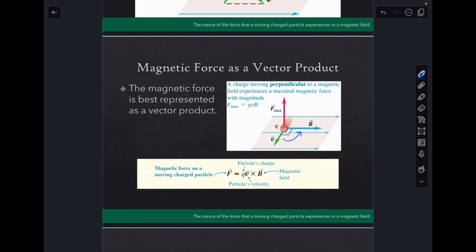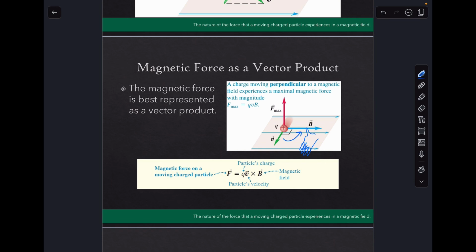So a picture of this is, you take your right hand and point your fingers in the v direction, and your thumb is pointing up like that. Then you start curling your fingers into B, and your thumb would be pointing up in order to do that.